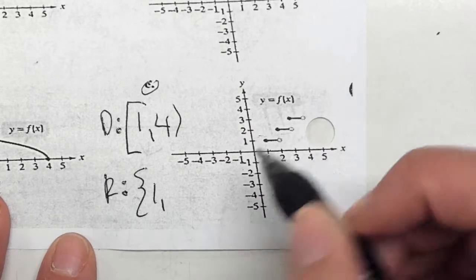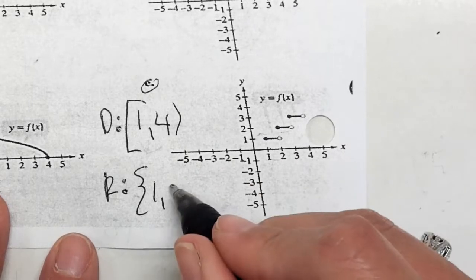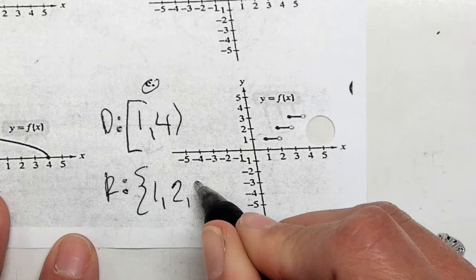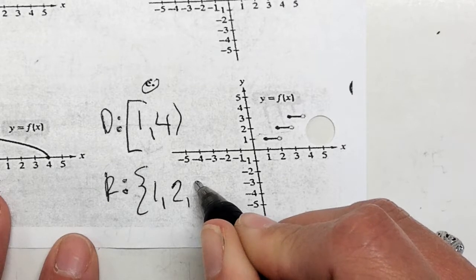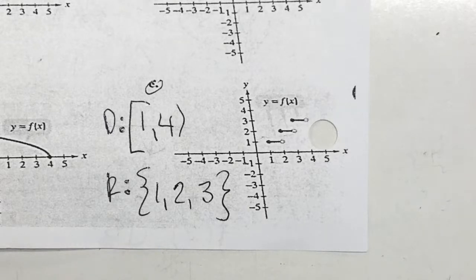So you just write these as points. It hits 1. What else does it hit? What Y value? 2. And what else? 3. Very good. That's how you would write that. Instead of an interval notation, you just write it as 3 points. It hits those Y values. That's the only weird one. Try B and D on your own.